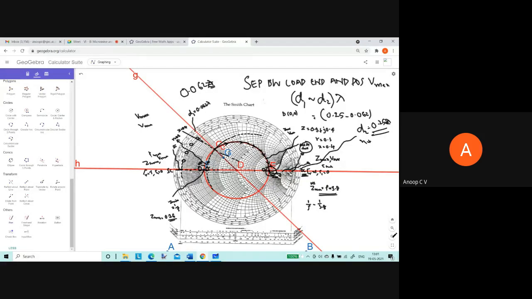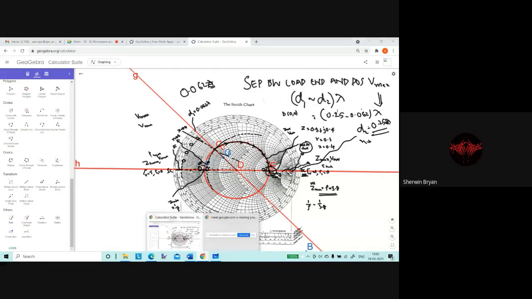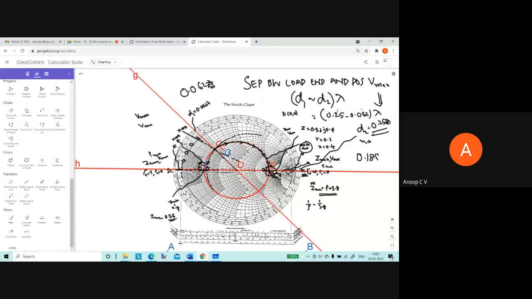This much times lambda. These are in terms of number of lambda, so if I need actual distance, I should multiply with lambda. What is 0.25 minus 0.062? It is 0.188 lambda.